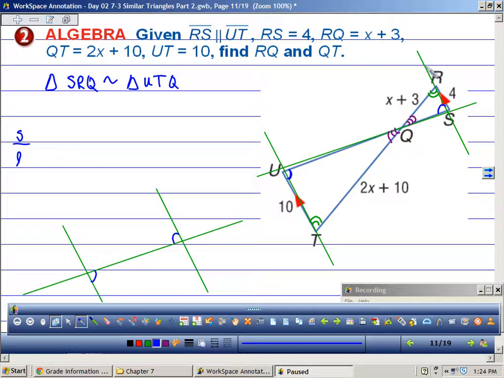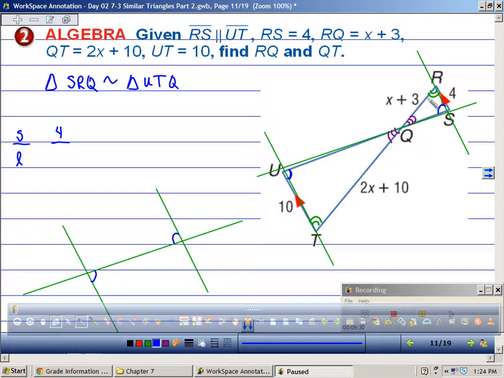I don't want to make that mistake again. So this small side should be proportional with this one. And this side should be proportional to this one. See, when you set it up nice and organized, it's not that hard.